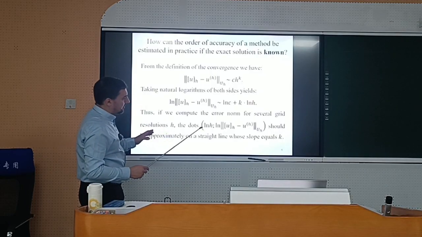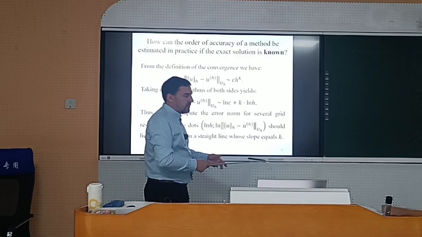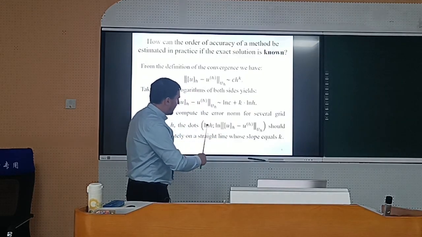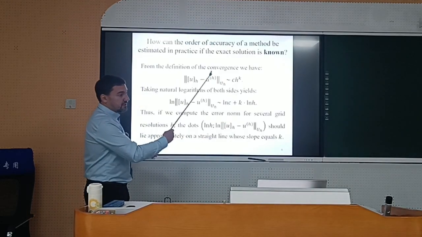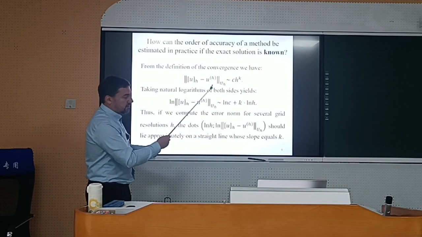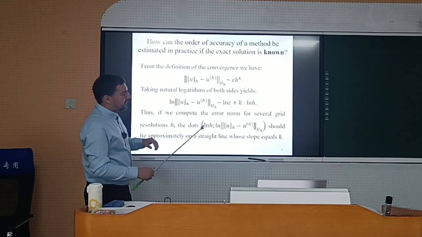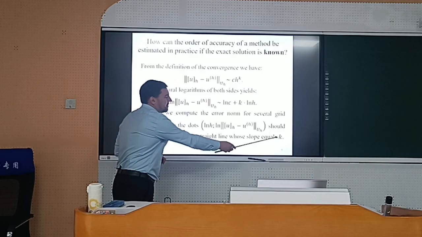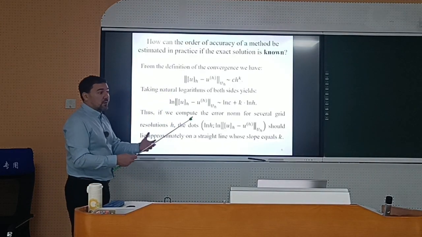But nevertheless, when you do simulations on, for example, 3 or 4 or 5 computational grids, you will get these 5 points in the space logarithm H, logarithm error. It should be just a straight line, and you can measure the slope using, for example, regression analysis. It depends on the accuracy you would like to have for this K. We can estimate the accuracy order of the numerical method.